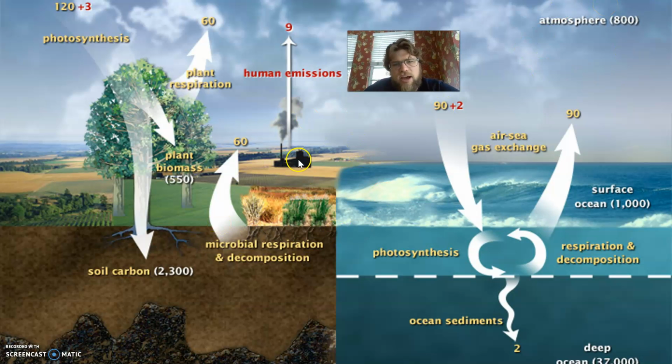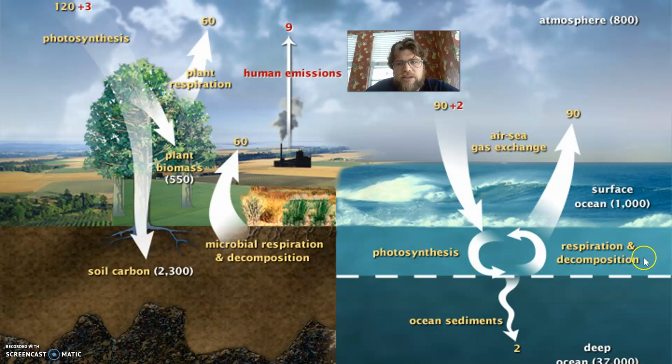In the back, we have a factory taking fossil fuels and burning them and releasing that carbon from one reservoir, fossil fuels, into another, the atmosphere. Okay, and let's go to the right. So here we see that air-sea gas exchange, dissolving, evaporating, so going from the atmosphere to the ocean and back and forth.